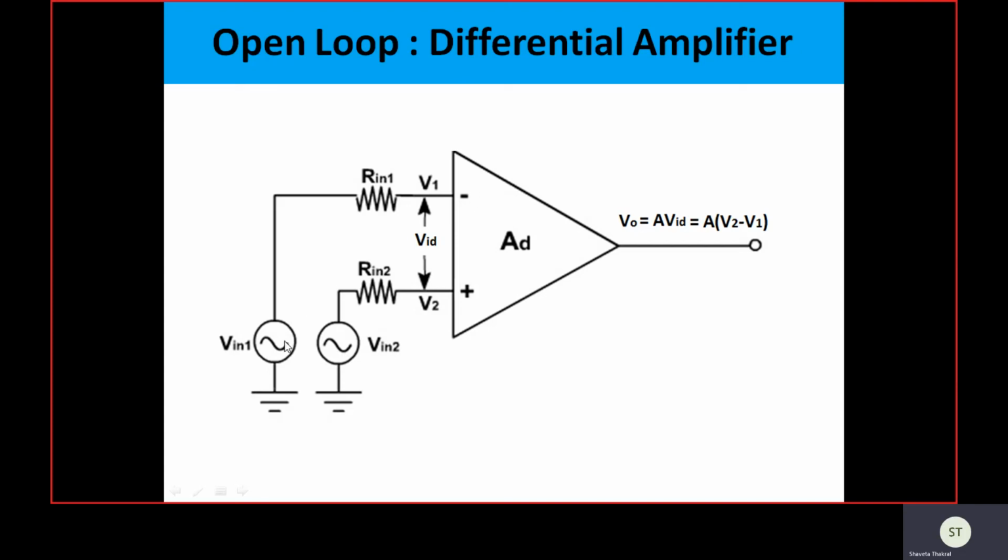That is, one input is applied at the inverting input terminal and the other input is applied at the non-inverting input terminal, and this operational amplifier is amplifying the difference of two input voltages. This is the voltage at the non-inverting input terminal and this is the voltage at the inverting input terminal.